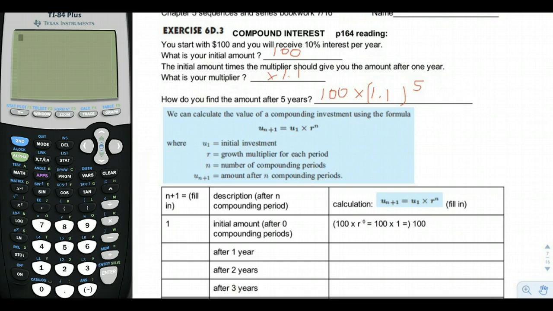So a compounding period depends on the bank's interest policy. For example, it could be compounded once a year, once a month, every quarter, which would be every 3 months, or every day.